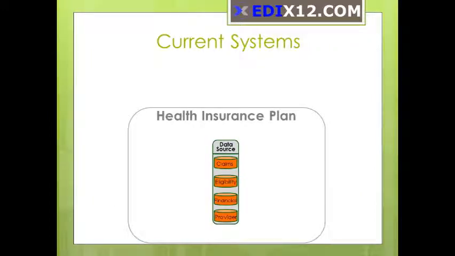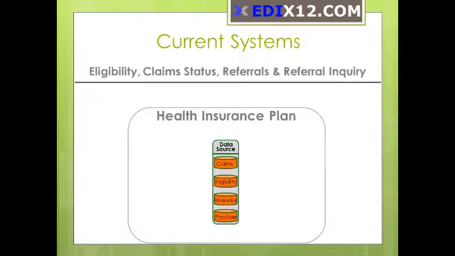Now let's look at the current system as one of many other approaches of processing eligibility, claim status, referrals, and referral inquiry transactions. Let's recall the N-tier architecture to help us focus and better understand the current system.